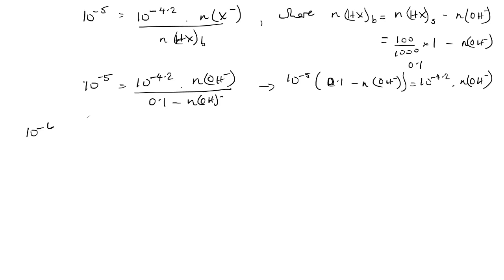Let's do it line by line: 10 to the minus 5 times moles of our hydroxide equals 10 to the minus 4.2 times the moles of our hydroxide.